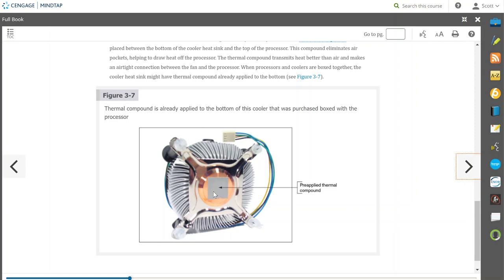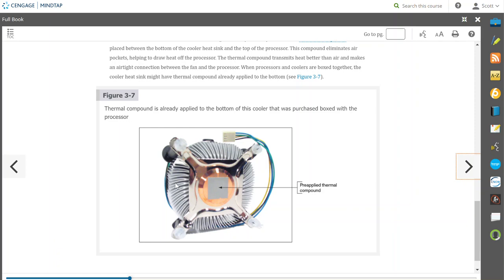It's exactly what it does. So this would sit on top of a processor that would have the thermal paste, and then that will connect to or have contact with the processor. And the more surface area you have on these fins, the more heat can be removed.